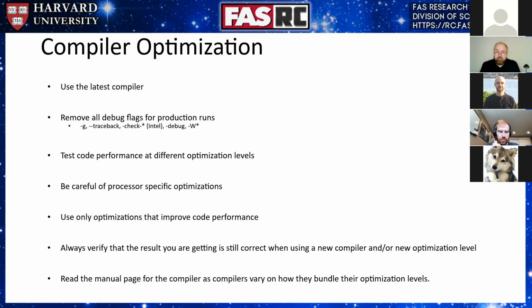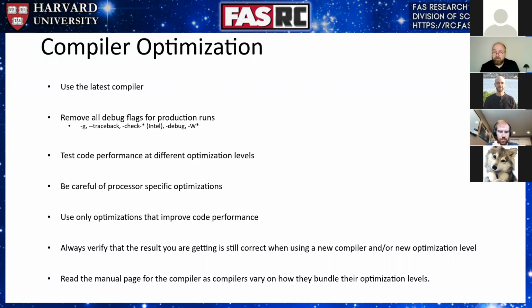Or it's not a bug in the compiler. The compiler just changed the way it was handling a thing, and that made your code operate differently than before. So you always want to check your code result is still the same and what you expect it to be. Or if it changed, it didn't change substantially, because maybe round off changed or something like that, and you really care about your round off error. What you really care about is the details of the bulk result.